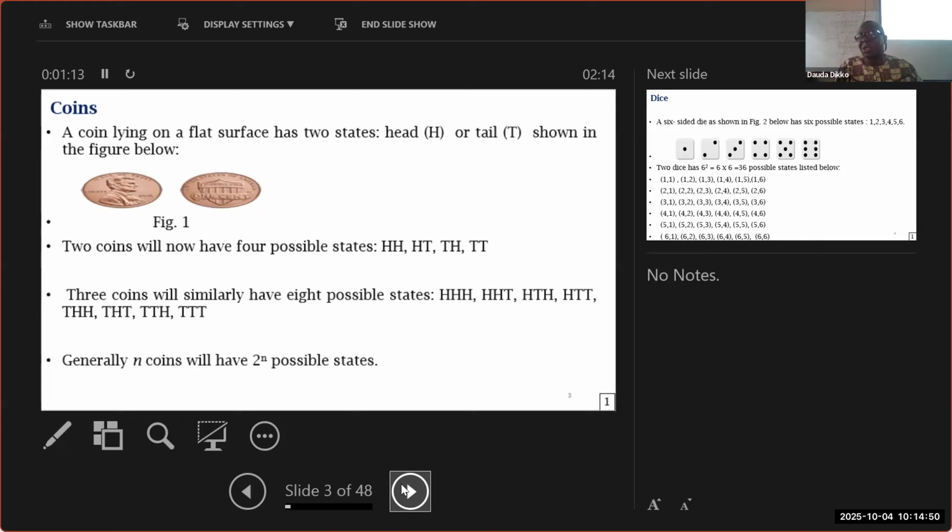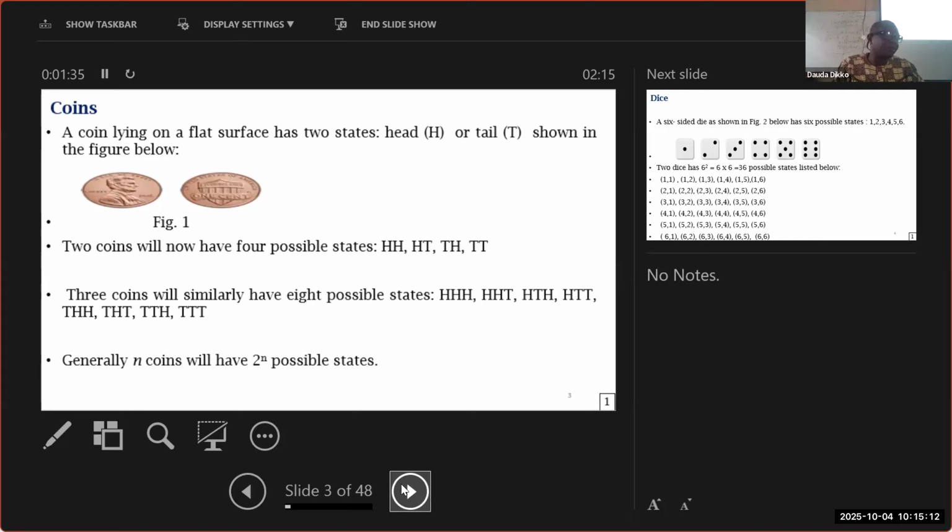That is TH. And when both coins have tails, we have TT. So it means that for 2 coins, we have 4 possible states indicated by HH, HT, TH, and TT.